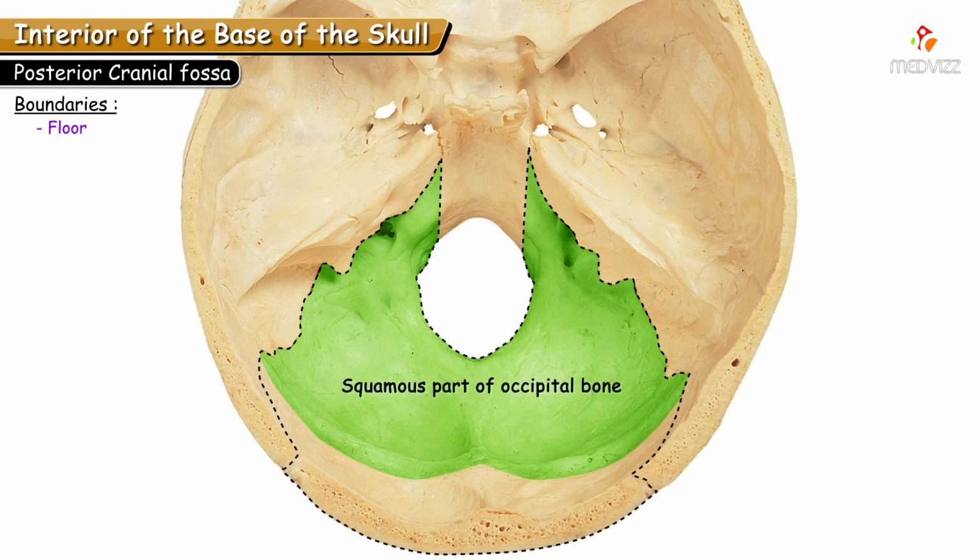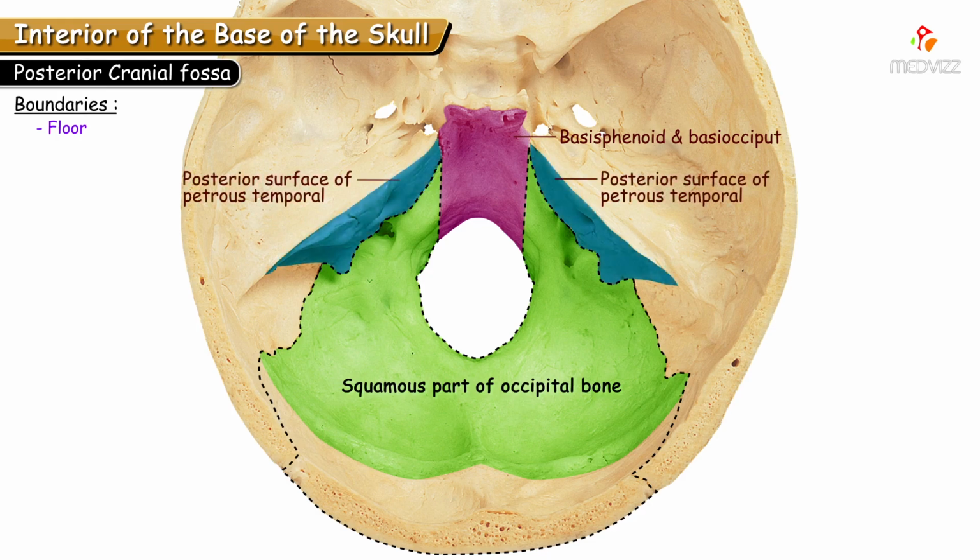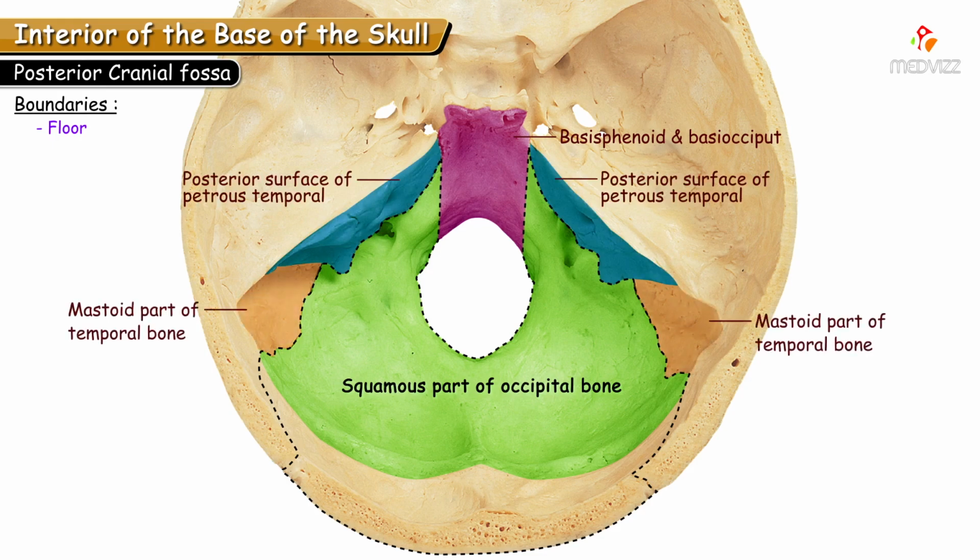In the middle, we can see the basisphenoid or basiocciput, which forms the midline of the floor, and the posterior surface of the petrous temporal bone on each side anteriorly, and laterally the mastoid part of the temporal bone. So these are the structures forming the floor of the posterior cranial fossa.